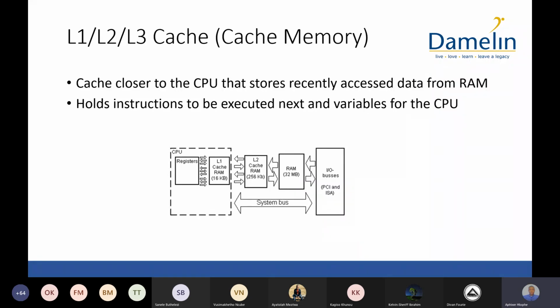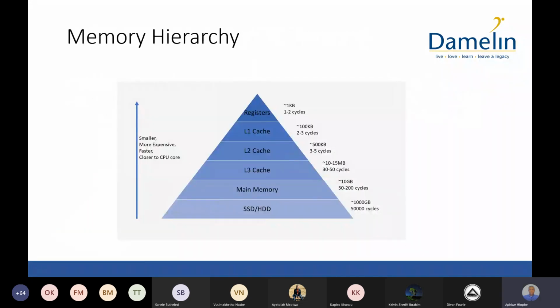So how it relates to this is, as we move from the top to the bottom of the memory hierarchy, it's all about accessibility. How often is a particular device accessible? So a hard drive stores all your data, okay?